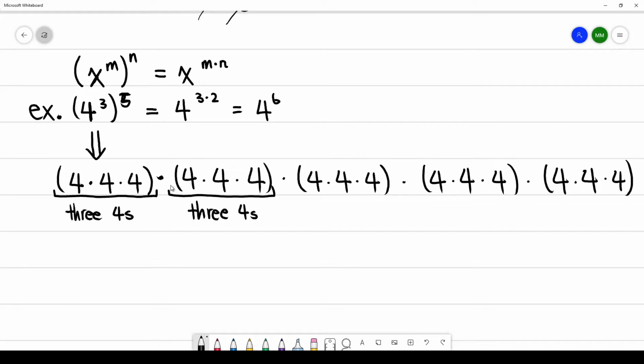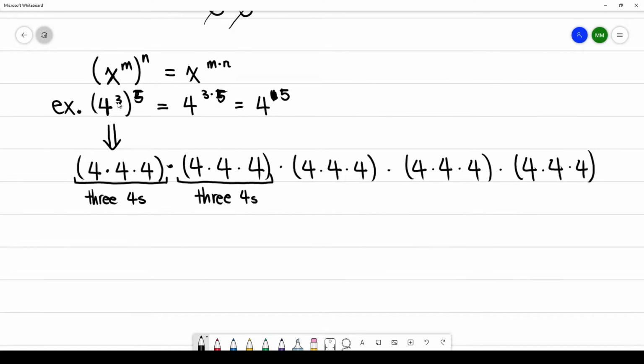And what is this now? Well, there are 3 in each group, and there are 5 groups. So it's 3 times 5, and that's equal to 4 to the 15. 1, 2, 3, 4, 5, 6, 7, 8, 9, 10, 11, 12, 13, 14, 15.